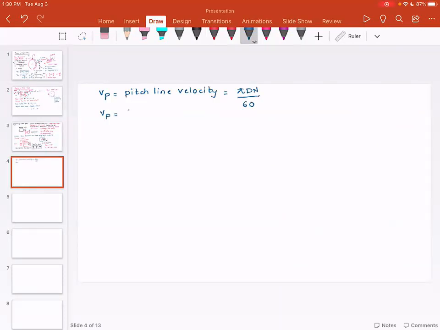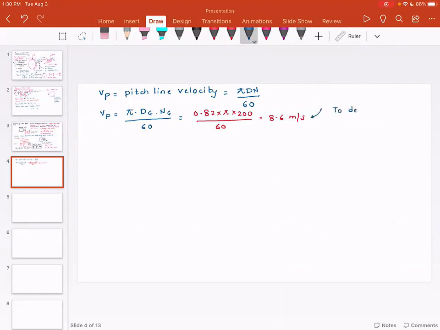I'm going to use that for the gear. So 0.82 times pi times 200 divided by 60 is 8.6 meters per second.